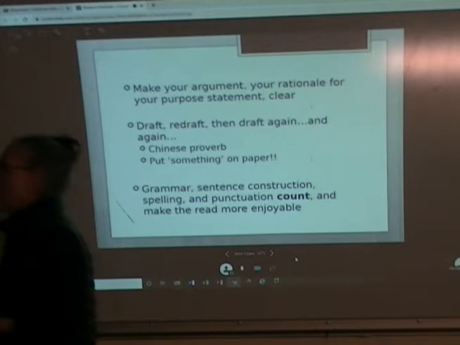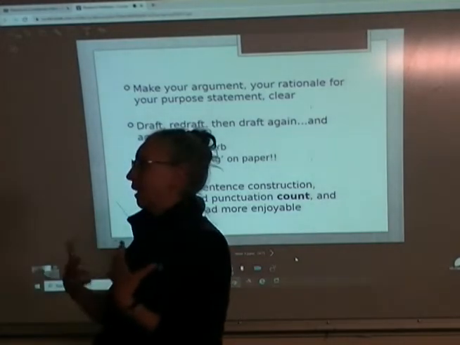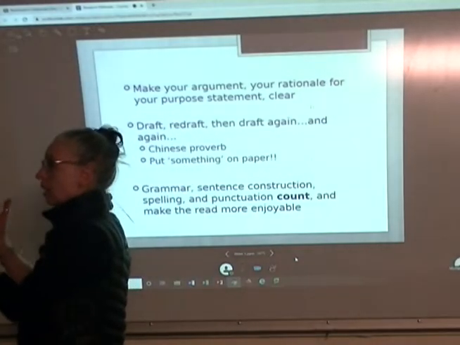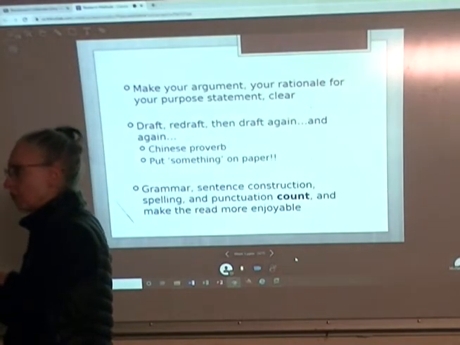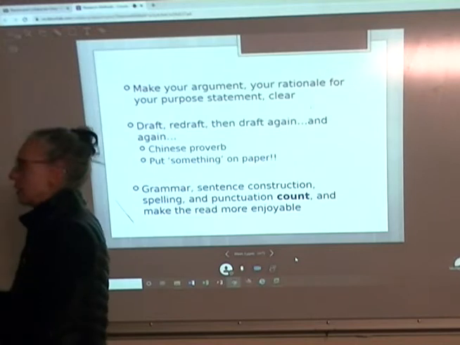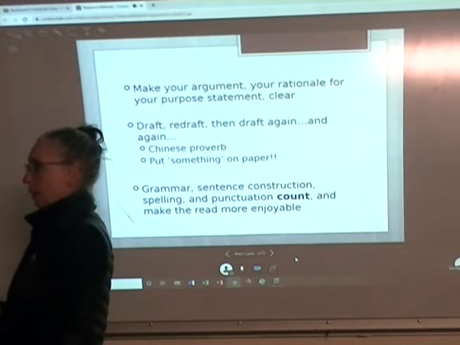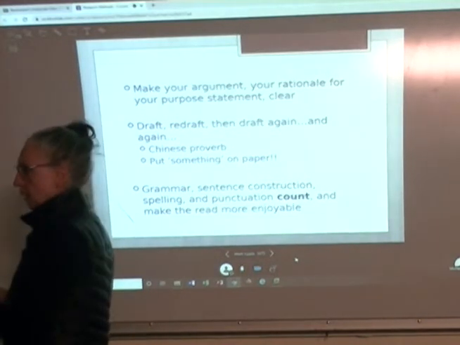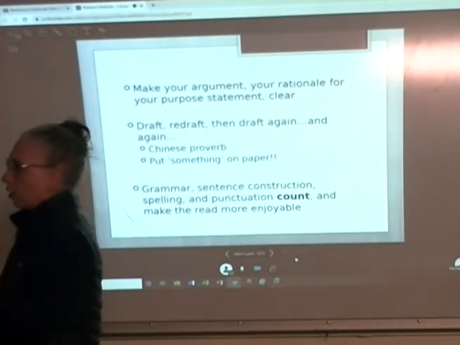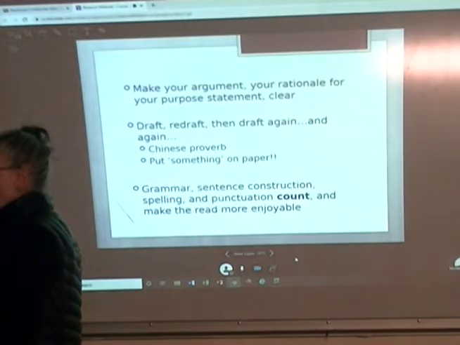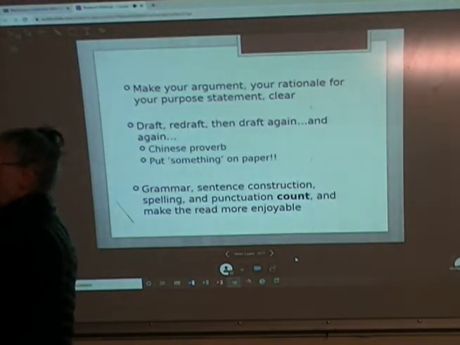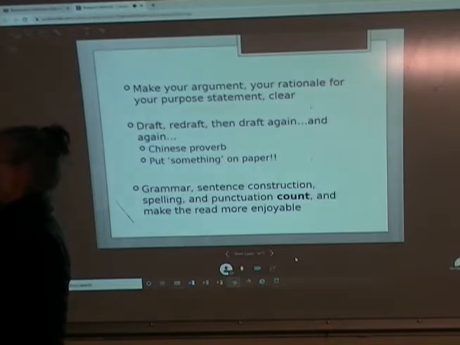So it's really important that we try not to get hung up on, oh, I've got to write something and it's got to be perfect. It hasn't got to be perfect first time. Just get the ideas down. Put them on the paper. Put the paper away and give your brain a break, and then come back and look at it again a day later, an hour later if that's all you have, right? Because when you come back and look at it, you'll go, what on earth did I mean by that?